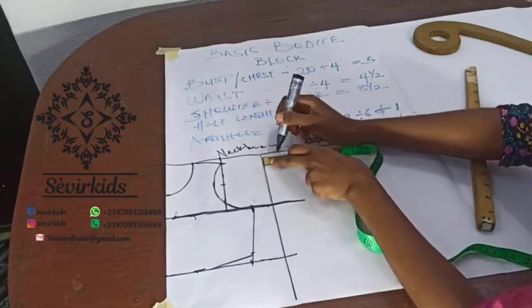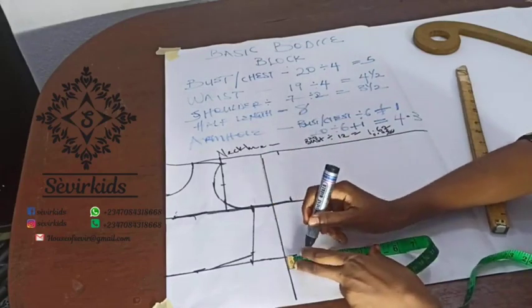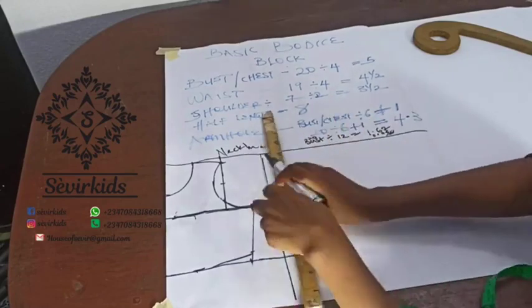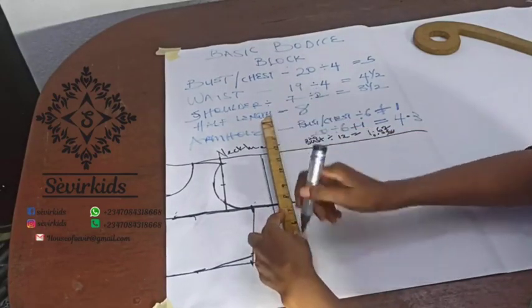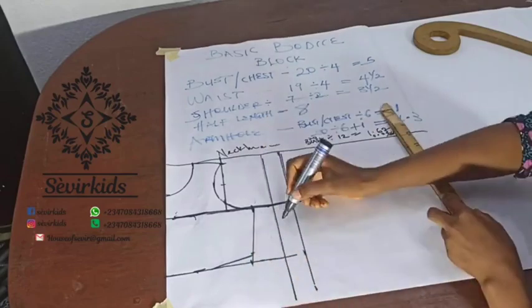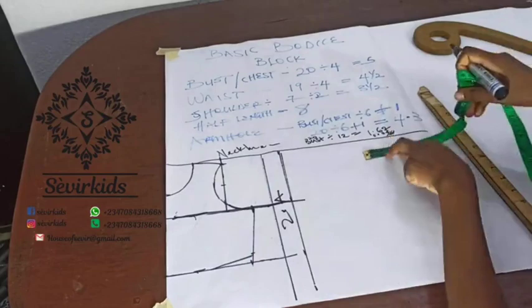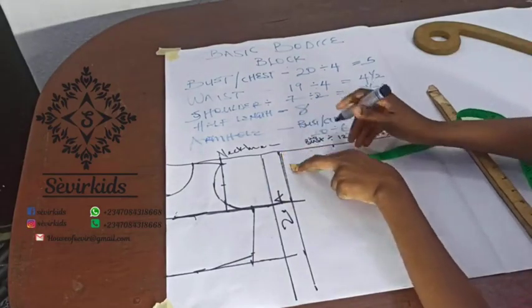Here we're going to leave 1 inch for our zipper allowance. So these are our zipper allowance, and here for the back also we have 3.5.